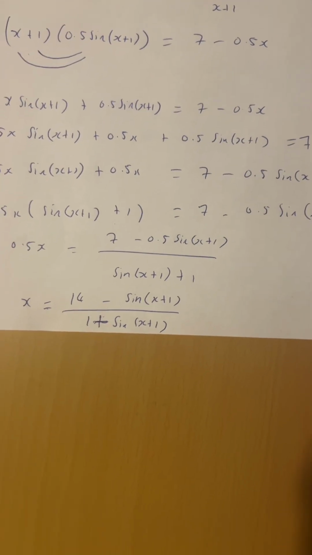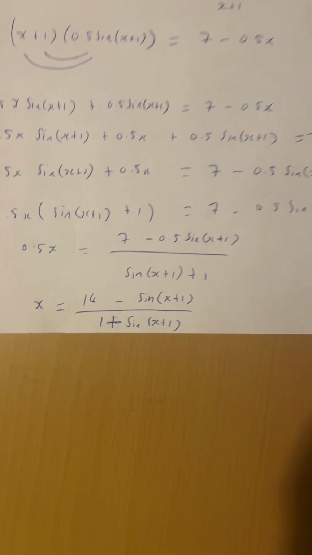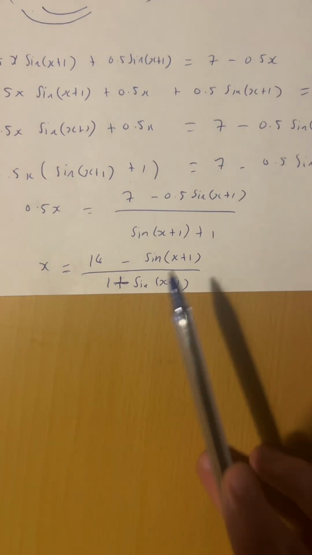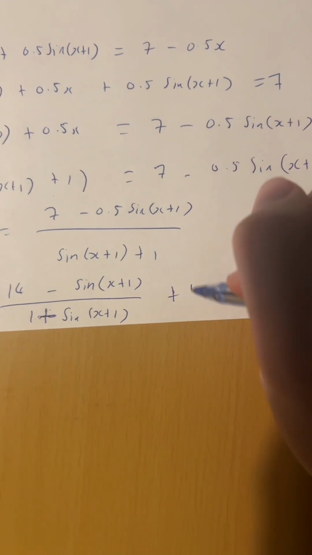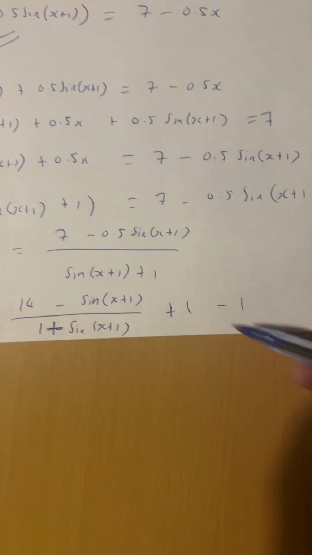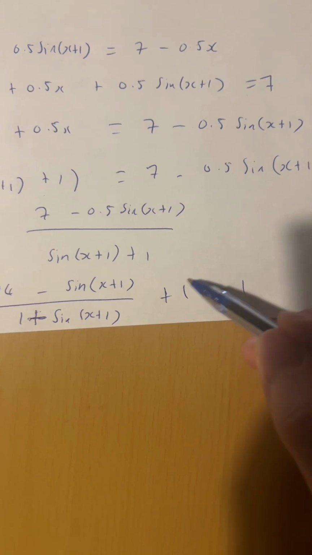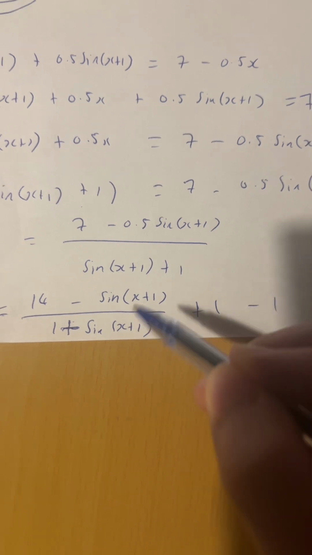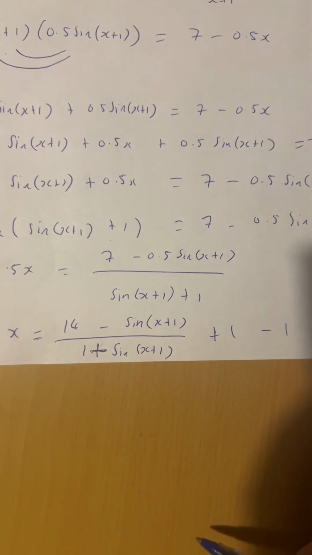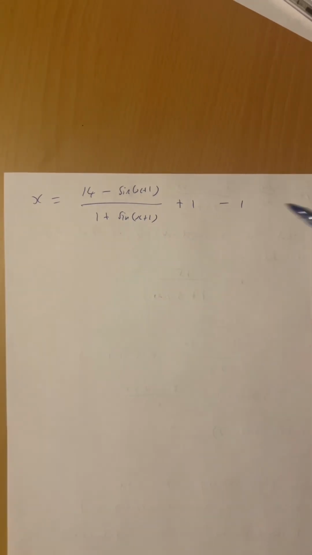So the little trick you can use in a situation like this is, obviously you don't want to change this fraction, but the trick is that if you add 1 and then take away 1, you've now created this minus 1 here. And what you can do is you can say that that 1 is the same as 1 plus sine x plus 1 divided by 1 plus sine x plus 1. So again, I've just written out the formula from before.